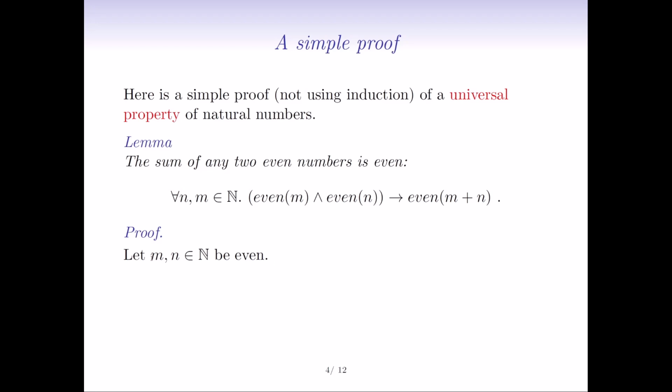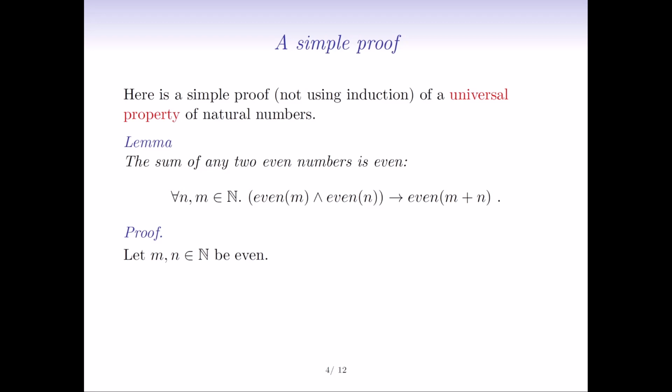So I'm going to assume that we have two numbers m and n which are in the natural numbers, and then I have to show an implication that if m and n are both even, then so is their sum. So if I want to show an implication, A implies B, you could remember from the truth table that the implication is automatically true in the case where A is false, so we don't worry about that case. We don't have to worry about the case where m and n are not even.